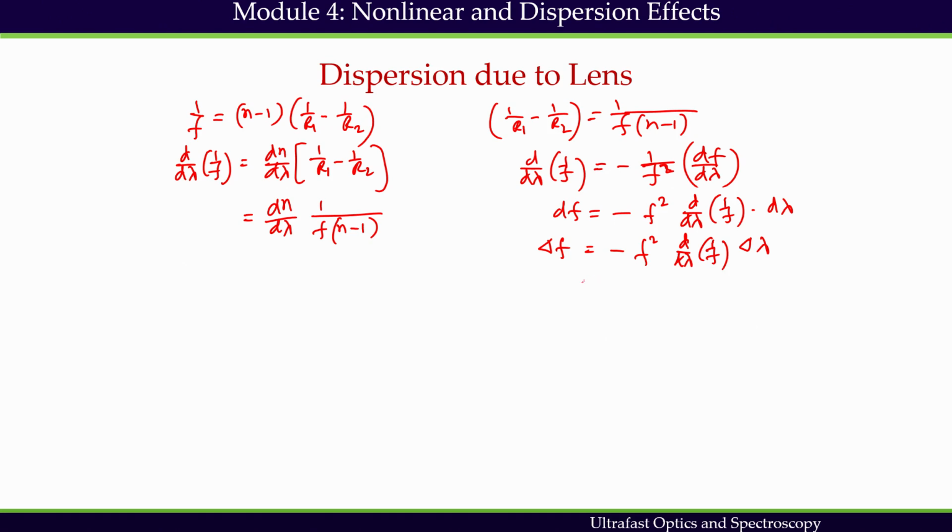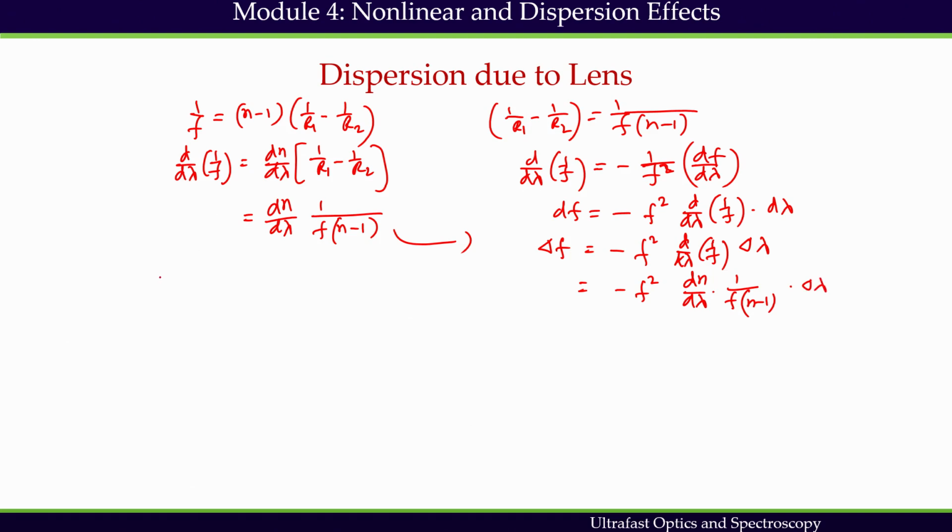So I can plug that in here and I get minus f square. This derivative is nothing but dn d lambda multiplied by 1 by f, n minus 1, multiplied by delta lambda.